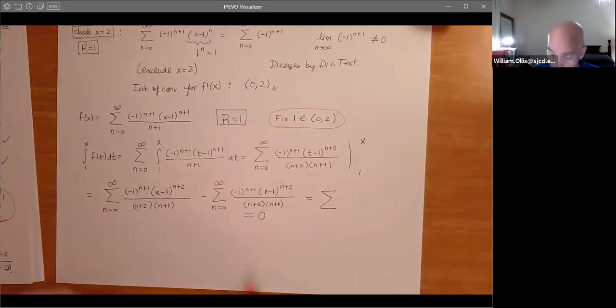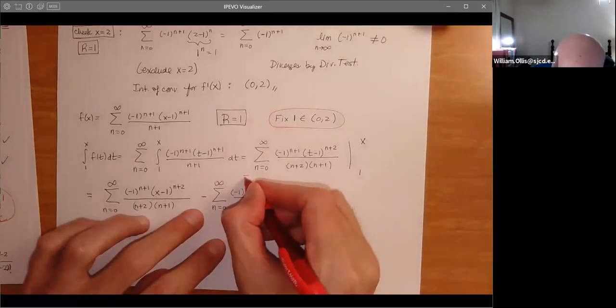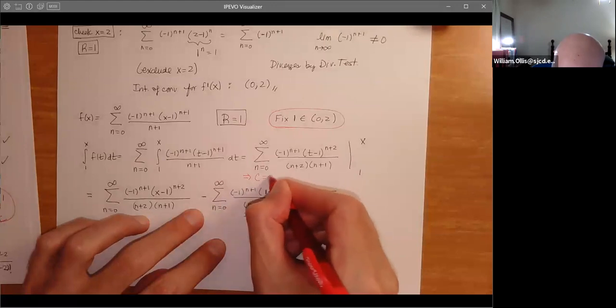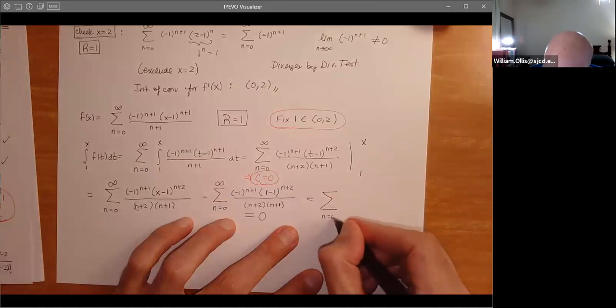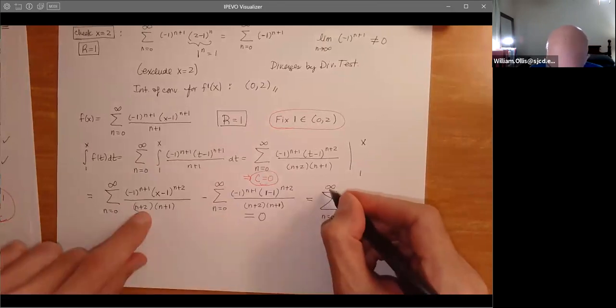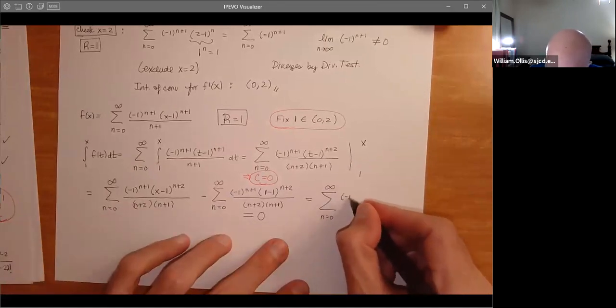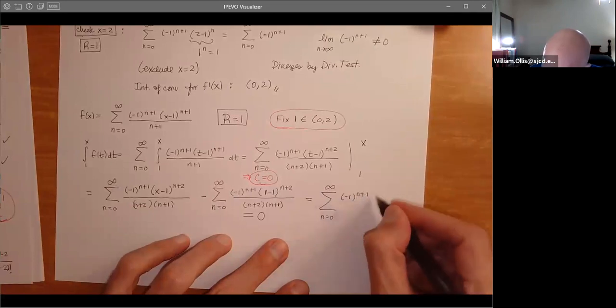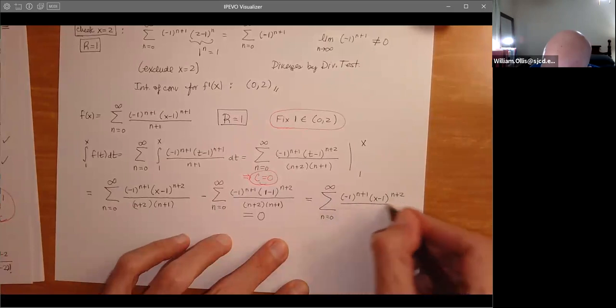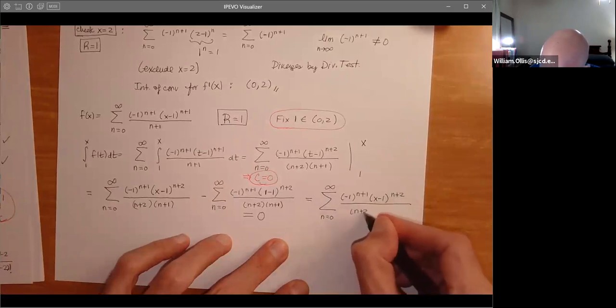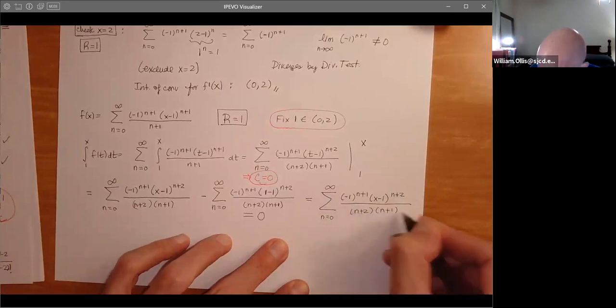Otherwise, you're struggling. So here we see this implies the constant of integration is 0. So we're just left with n equals 0 to infinity, this object right here: -1 to the n plus 1, x minus 1 to the n plus 2, over n plus 2 times n plus 1.